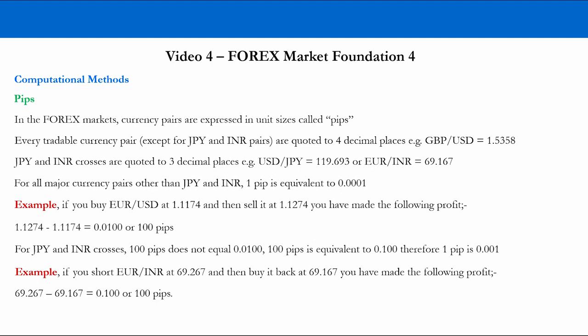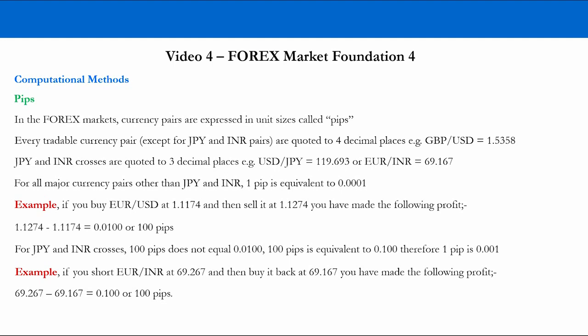And for Japanese yen and Indian rupee, 100 pips is basically equal to 0.100, and 1 pip is spot 001. So, for example, if you went short the Euro Indian rupee cross rate at 69.267 and then bought it back at 69.167, you will have made 100 pips.